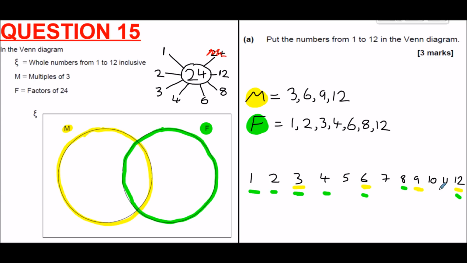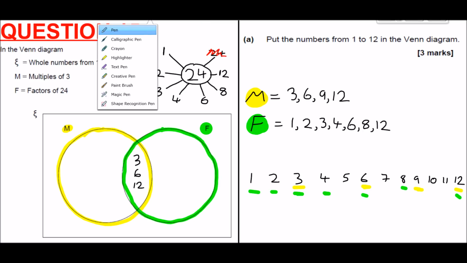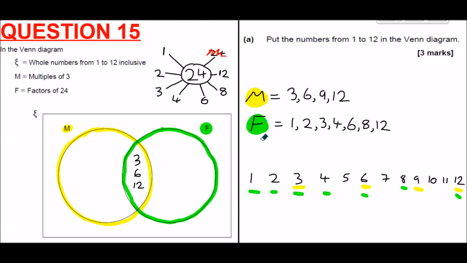So the numbers that have been underlined twice are the numbers that should go in the overlapping bit of the circles. And so in the overlap would go 3, 6, and 12. 3, 6, and 12 are factors of 24 and also multiples of 3. And so we've thought about 3, 6, and 12, so we can put those to one side and just forget about them now.